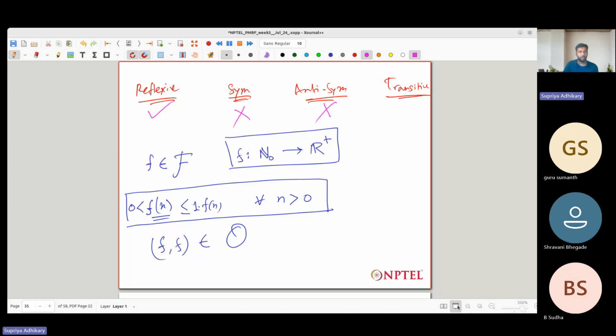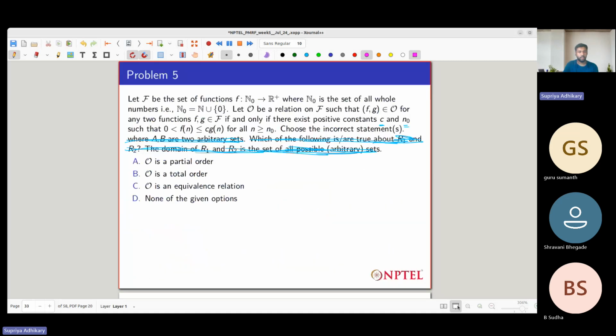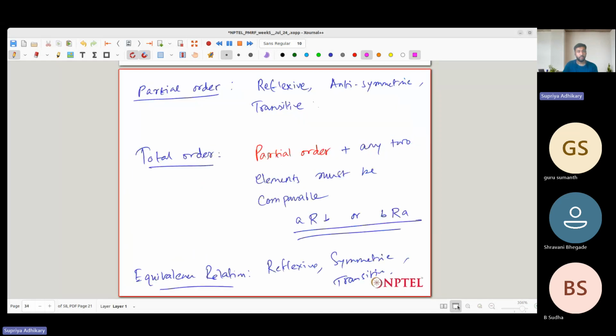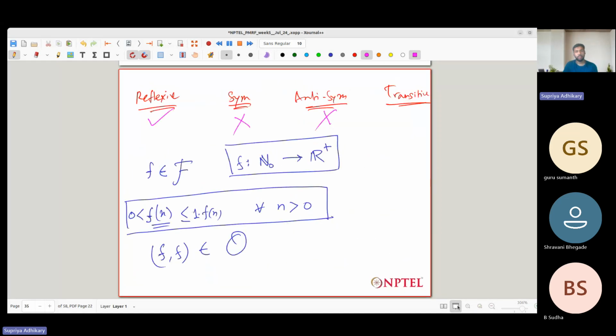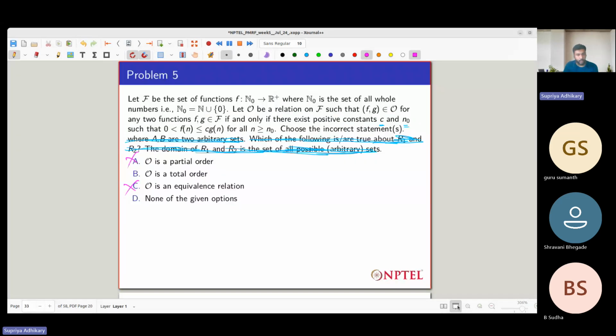Now, since we have already proved that this is not a symmetric relation, there is no way that this can be an equivalence relation. We have also proved that this is a reflexive relation, but it is not an antisymmetric relation. And definitely that is not a partial order. And since it is not a partial order, this cannot even be a total order.